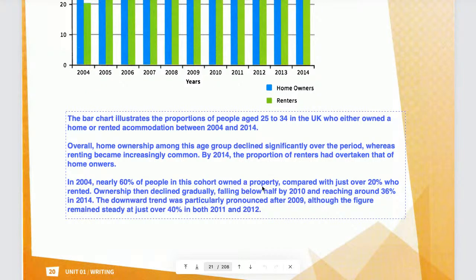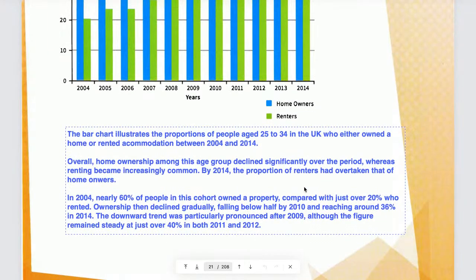So in 2004, nearly 60% of people in this cohort own a property, compared with just over 20% who rented. So that's the first year. And then we say, okay, ownership then declined gradually, falling below half by 2010 and reaching around 36% in 2014.